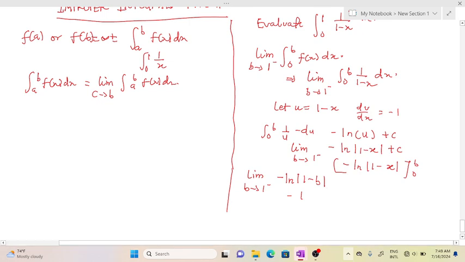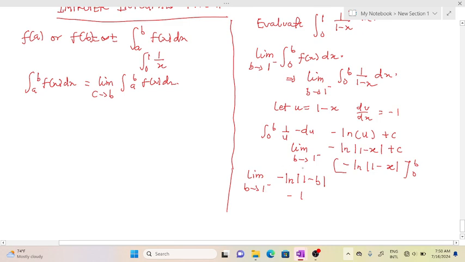So for the left side of 1, we can choose any number close to 1. Remember, a limit is about the nature of a function as you approach a certain point. Here we are trying to approach our function, negative natural log of 1 minus b, as b approaches 1 from the left side.